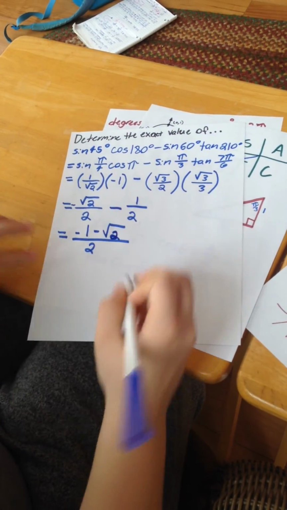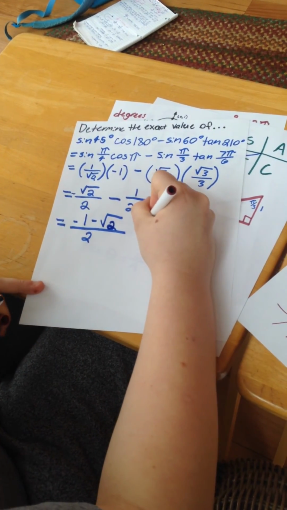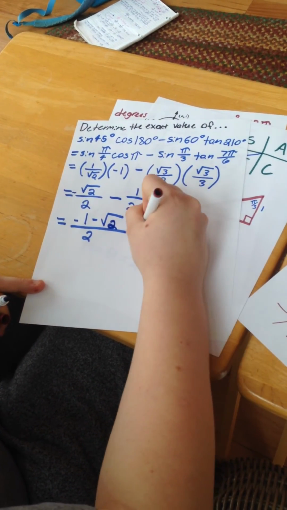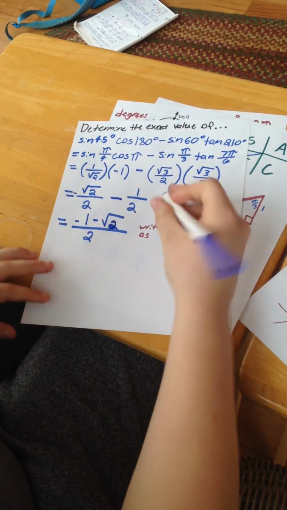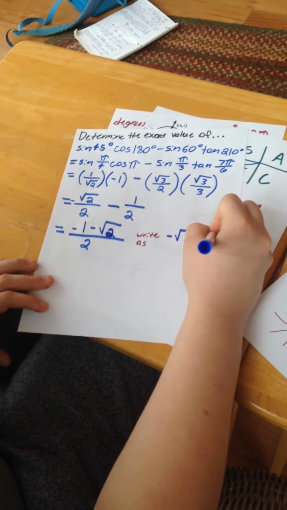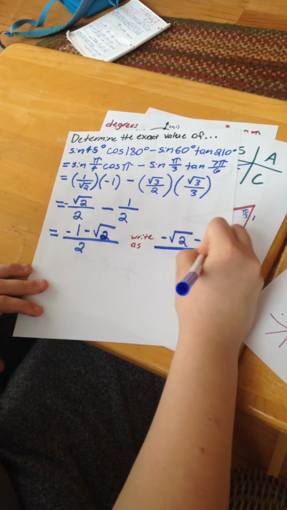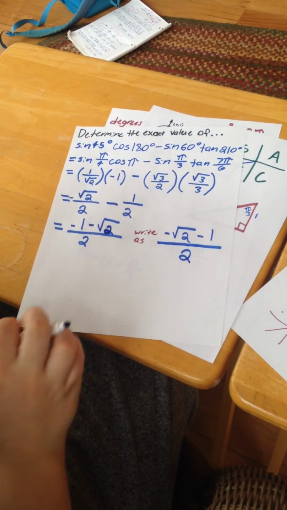So that's our value. You can also write this as, if you don't like the negative 1 in front, negative root 2 minus 1 all over 2. Either way is fine. They're both correct answers.